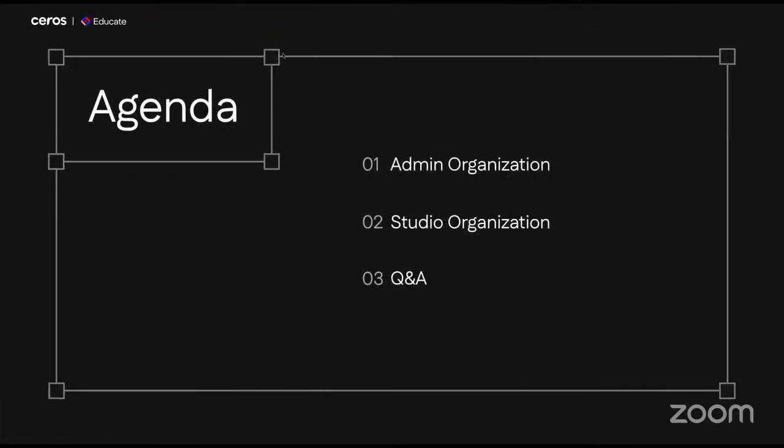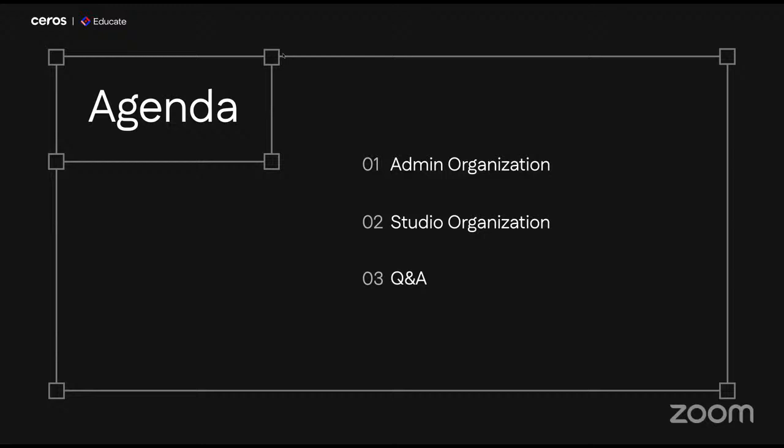Now, in our journey through organization, we are going to start in the admin and take a look at actually my own team's account, the Ceros Educate account, and show you how my team organizes our experiences within our project folders, while also giving some notes on other organization setups, because I realize that not every organization is the same size.